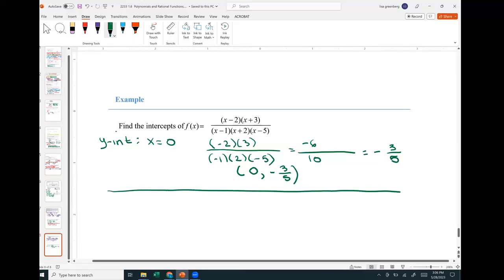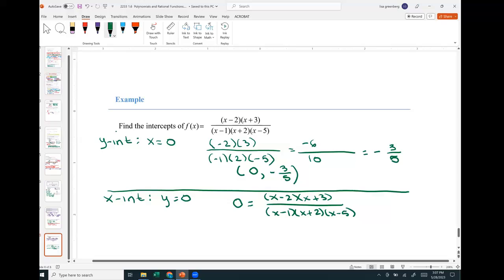Now for this one, the x-intercept is actually pretty simple because it's already factored. We set y equal to 0. So we end up with 0 equals x minus 2 times x plus 3 divided by x minus 1 times x plus 2 times x minus 5.